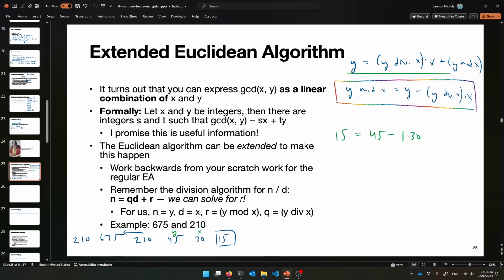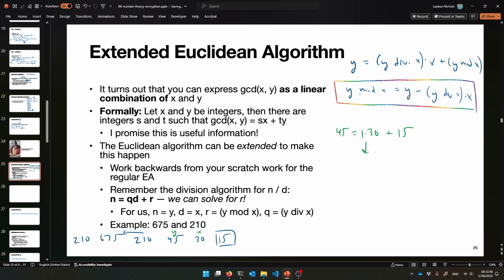And like the normal division algorithm, even if you want to do it that way, you can always solve for it. You had that y was equal to 45, which was equal to the quotient times 30 plus the remainder, which was 15. And the quotient was 1. So that's how you discover that.